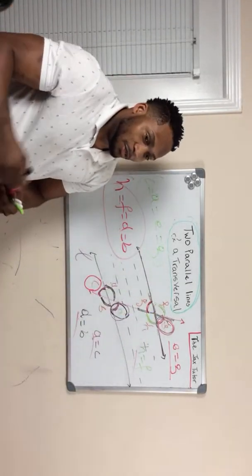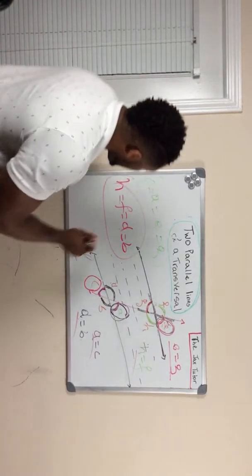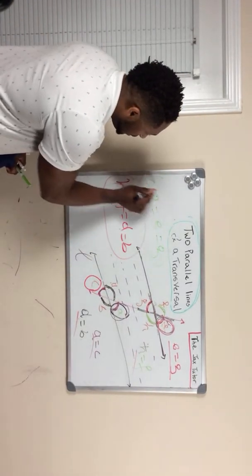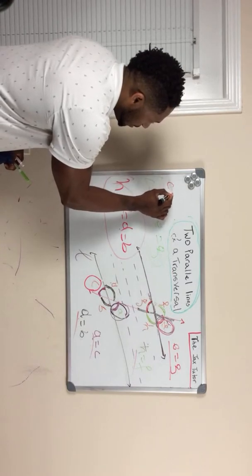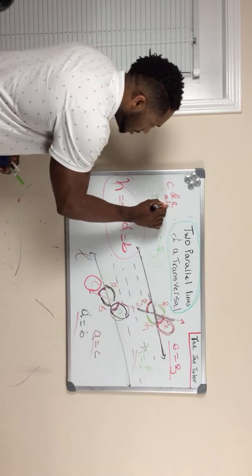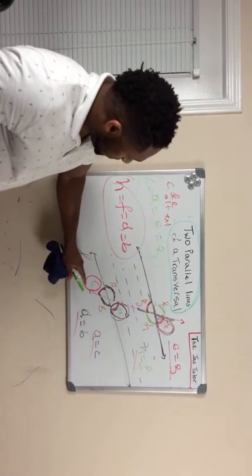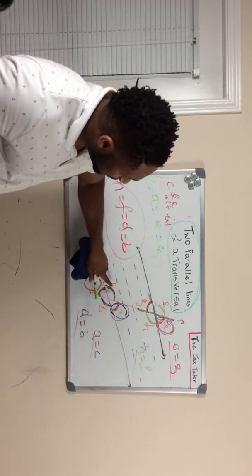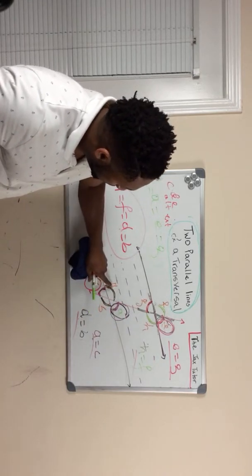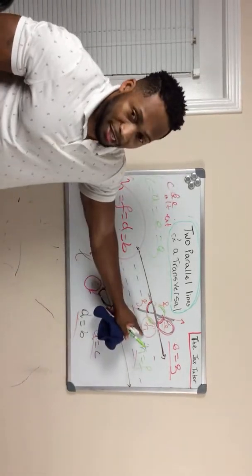And you don't really have to know the names unless they give you that. And these angles, E and C, C and E, are alternate exterior angles. And what about if I consider this angle D here and H? D and H, they call them alternate interior angles.